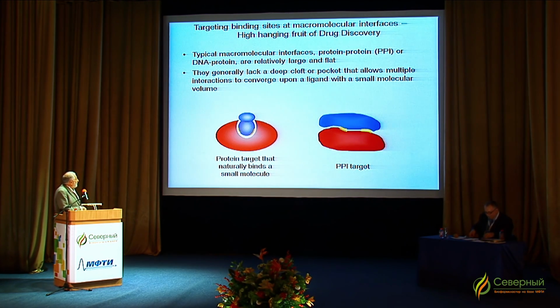The major issue is that there are two types of drugs. One type, which has been exploited very much up to now, is when you have a protein and a cofactor, and this cofactor may be replaced by the drug, and as a result of this replacement, the protein is inhibited.